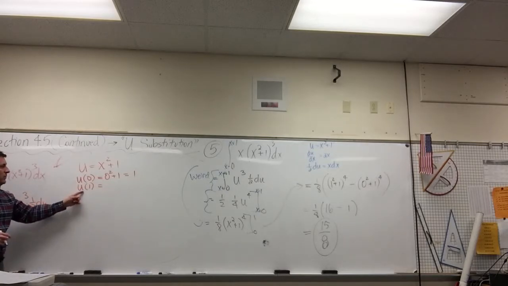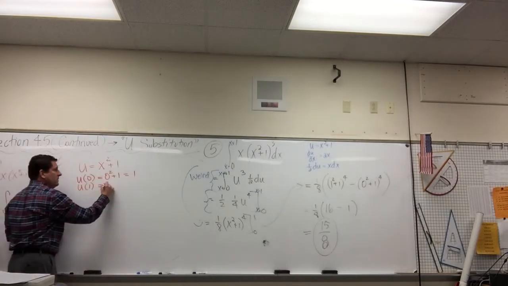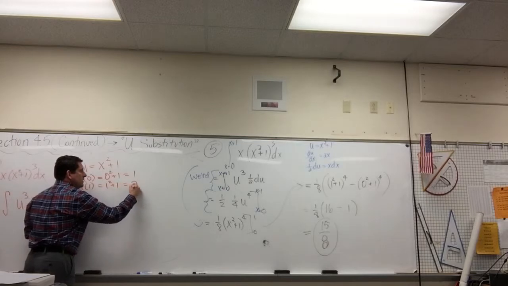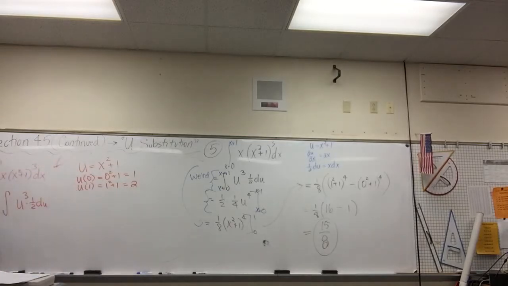Likewise, when x is equal to 1, u is equal to 2. So what that means is the integral from 0 to 1 of this x expression is exactly the same as the integral from 1 to 2 of this u expression. And nothing's weird.